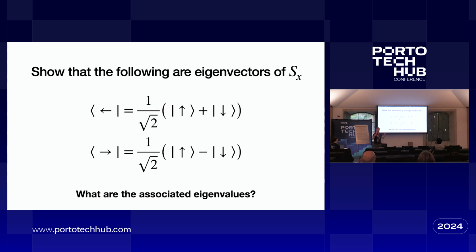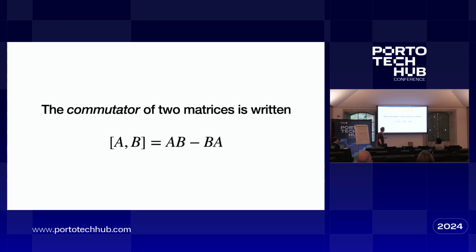They're the eigenvectors of Sx. The other ones are the eigenvectors of Sz. It's just a fact, but you can see it there. Are we okay?